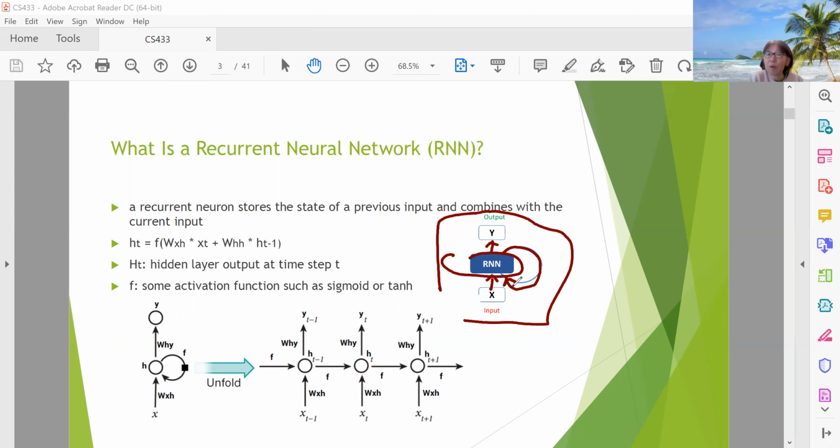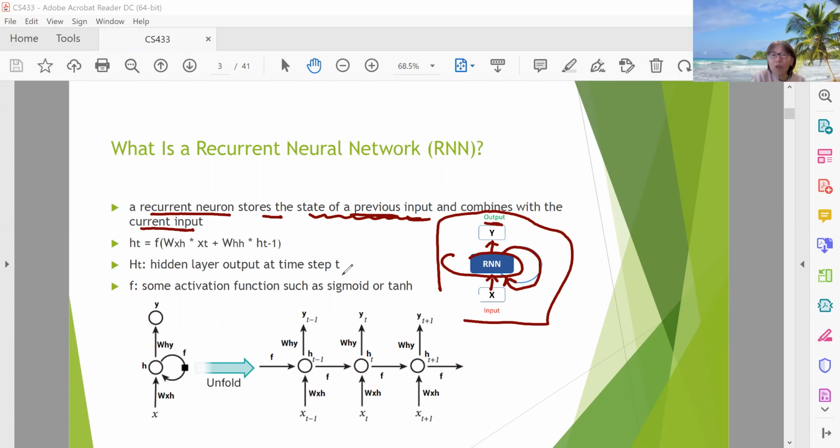Then both of them together will be trained again to generate the output. So this is a recurrent neuron: it also stores the state of the previous time stamp as input, and then combines it with the current input to generate the output.